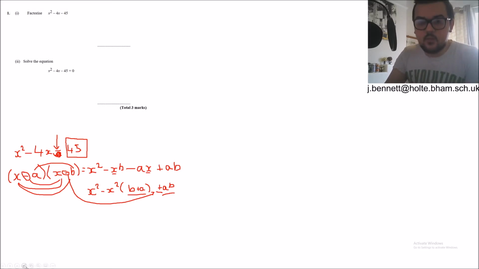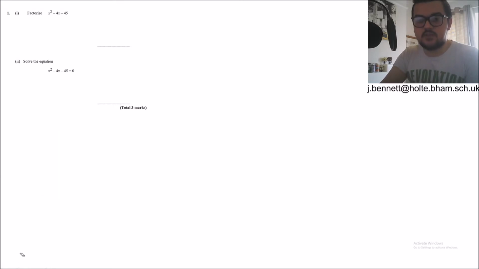So when we actually go through, I'm going to erase all the ink on the slide, there we go. When we go through x squared minus 4x minus 45, we actually want a positive and a negative, so we're going to do x plus a and x minus b.